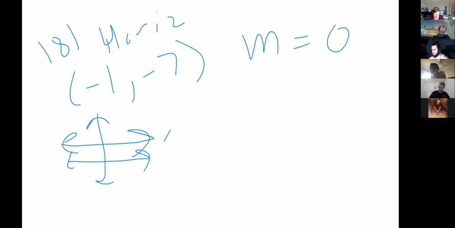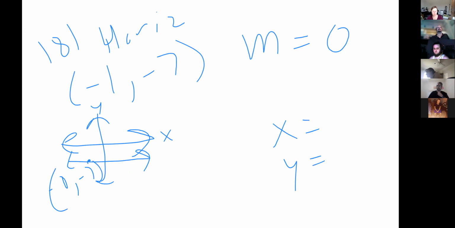Yeah, so let's say maybe this is my x, this is my y. I know the point minus 1, minus 7 is a point. So there are a few ways you can do it. I'm really hoping that we can get to the point where we're asking ourselves, is this going to be an x equals or a y equals?